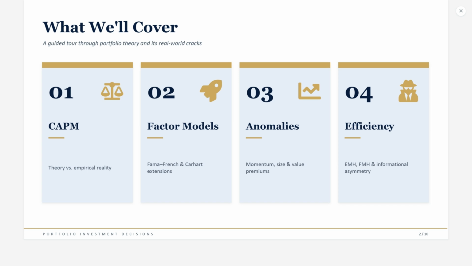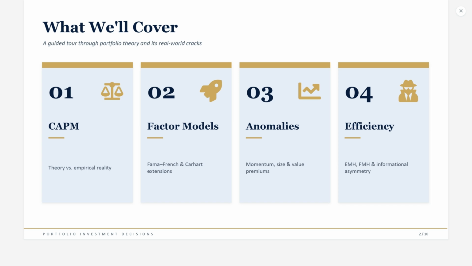First of all, we will be learning about CAPM, both the theory and empirical reality. At the same time, we will talk about factor models, specifically the Fama, French, and Carhart extensions.